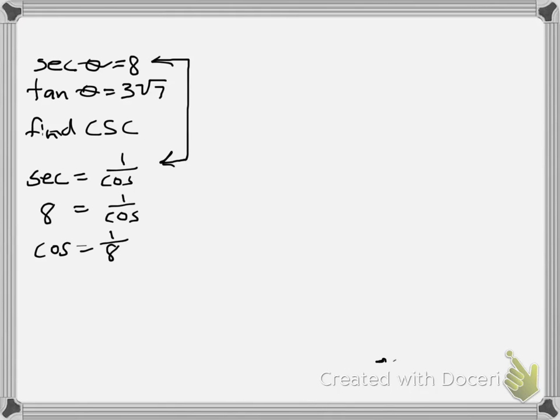Alright, now, we're given also that the tangent of the angle is 3 times the square root of 7. So let's go ahead and put up our identity formula here. We know the tangent of an angle is equal to the sine over the cosine. So let's plug in what we know now. We're told by the problem right here that the tangent is equal to 3 times the square root of 7.